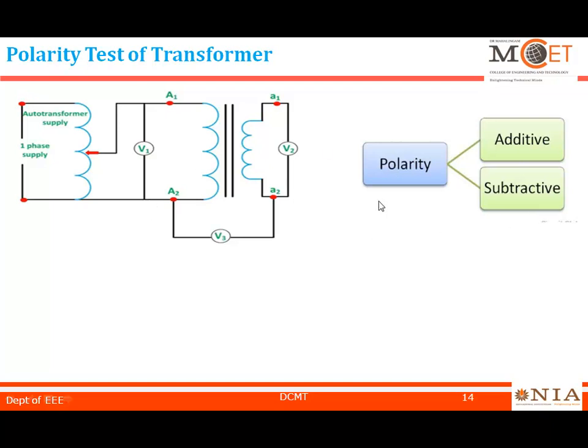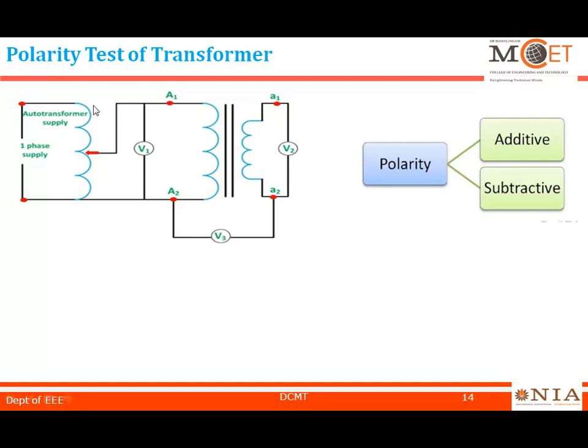In additive polarity, terminal A1 of the primary and terminal A1 of the secondary are connected together, and A2 of the primary and A2 of the secondary are joined together. This is called additive.